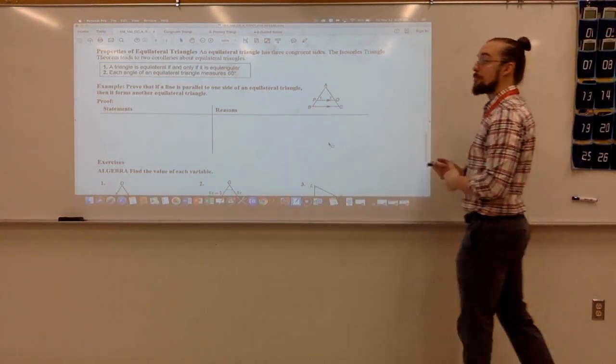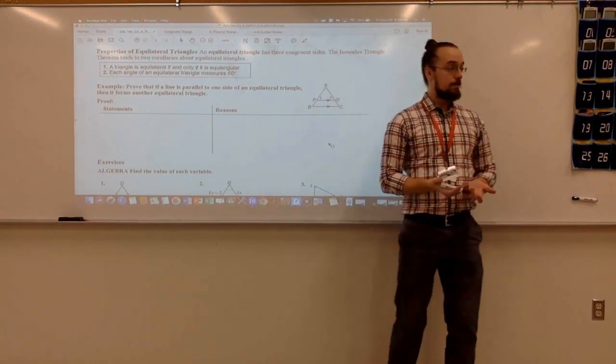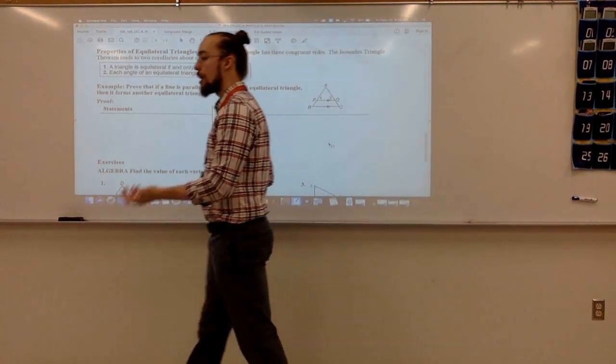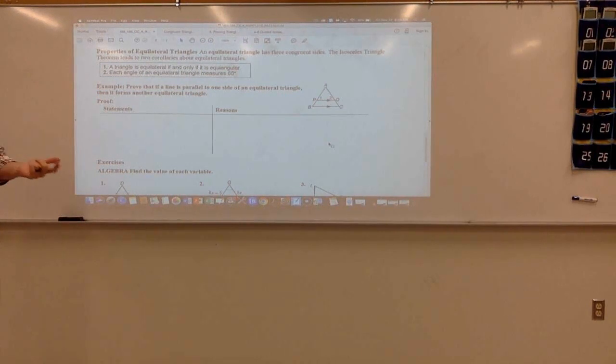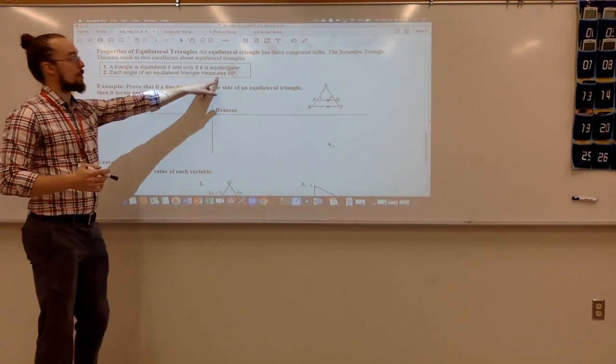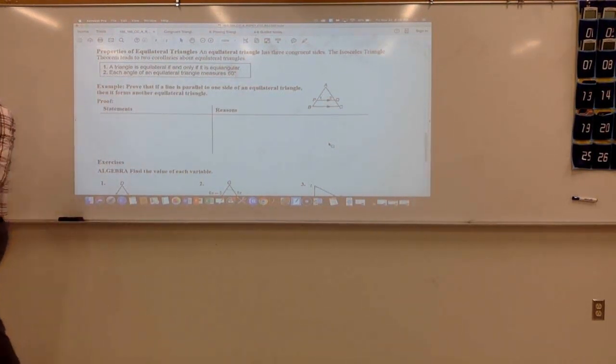And that also means all angles are the same. So in every equilateral triangle, all the angles will be the exact same. They will all be 60 degrees. Every single time, no matter what, in an equilateral triangle. Yes, we still have to look at equilateral triangles.